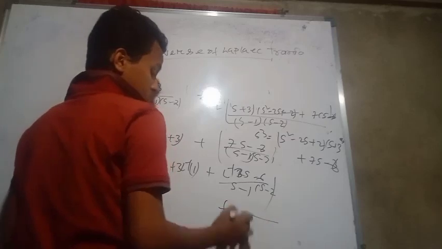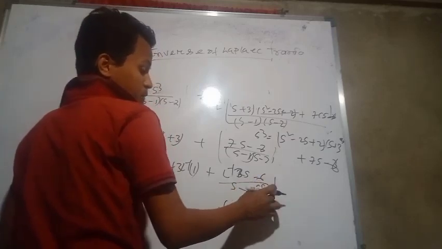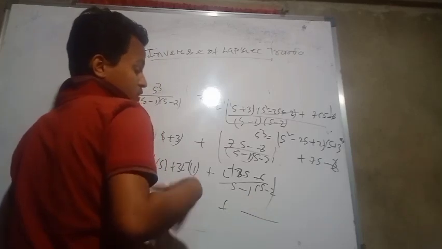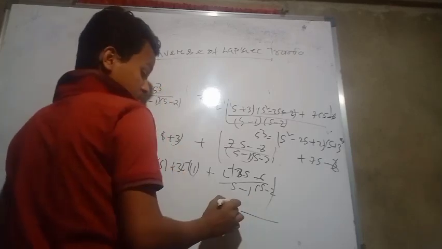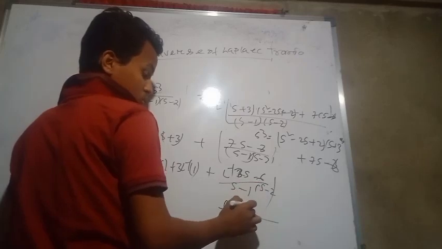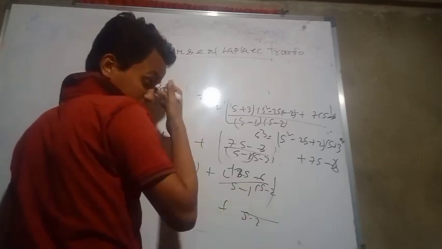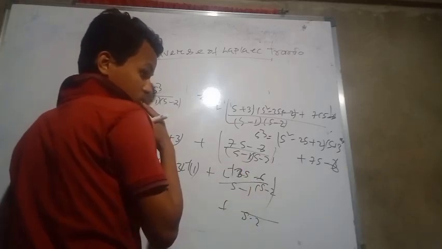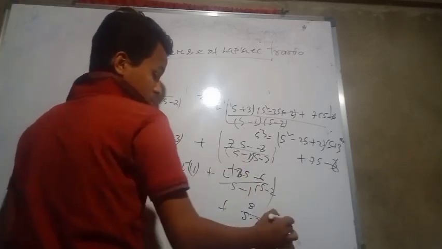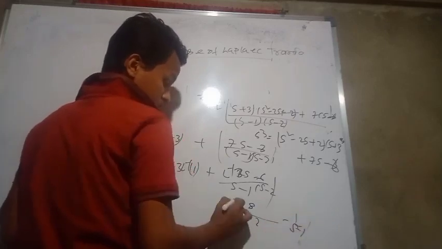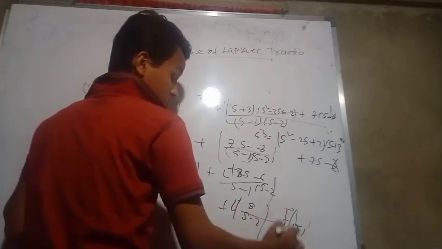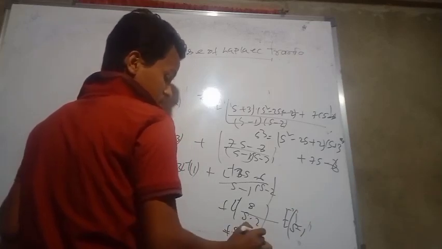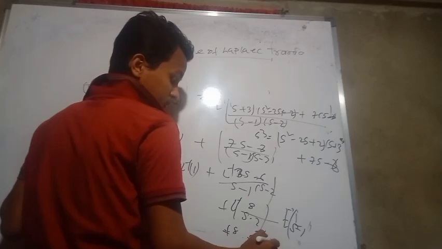So when we find the values, s equal to 1 gives us minus 1, and s equal to 2 gives us 8. So that gives us 8 e to the 2t minus e to the t.